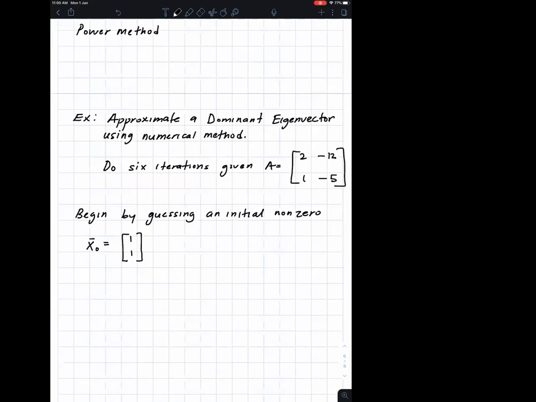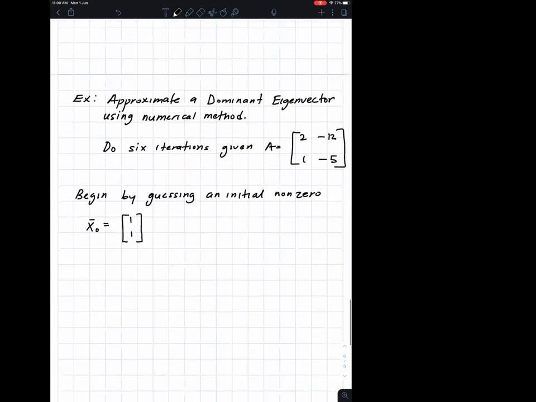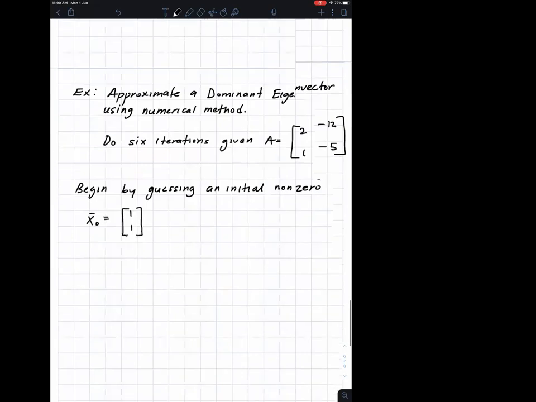But it will be easier to start with something small and easy to perform operations with. So we start with just 1, 1. And you'll see the answer will converge to the actual dominant eigenvector. Any questions so far?